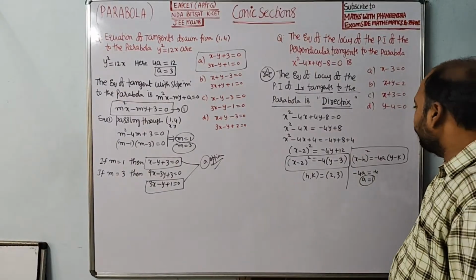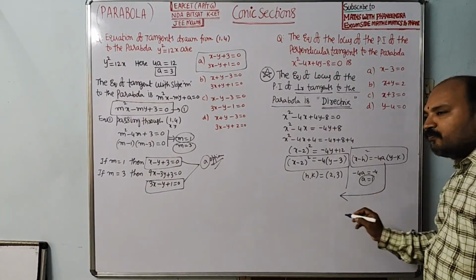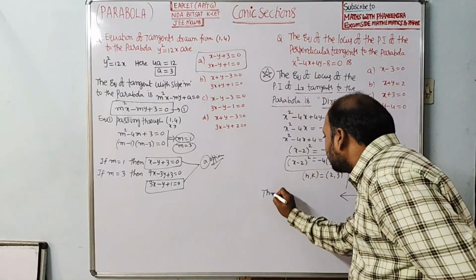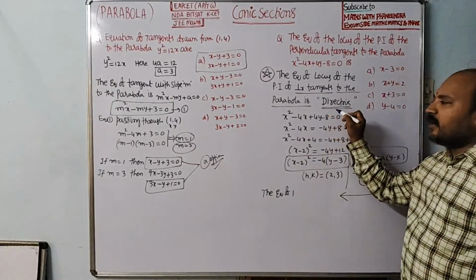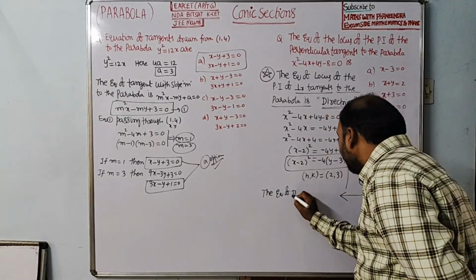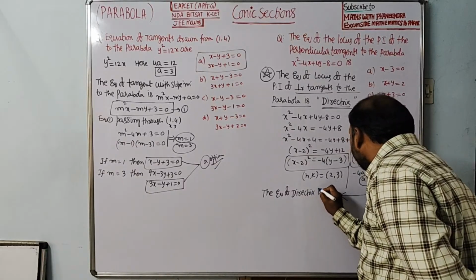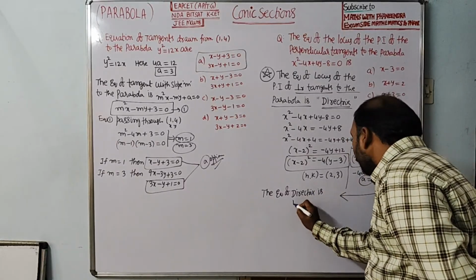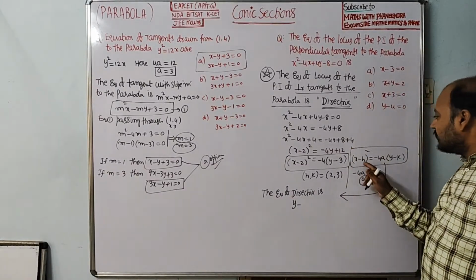Got it now? For this type of parabola equation, I want the directrix equation, that is the required answer. Equation of directrix to this parabola is, this is a downward parabola with vertex h comma k.